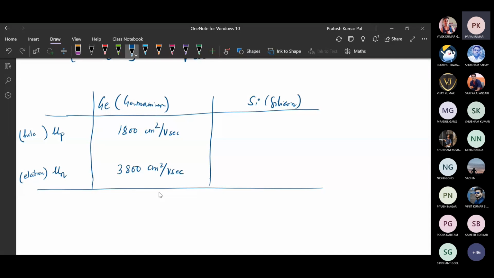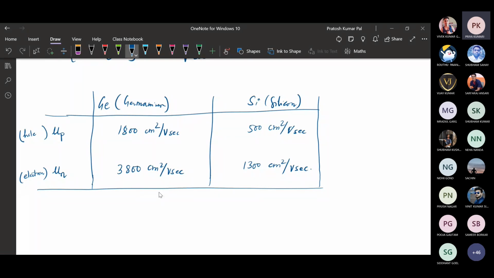Similarly, the mobility of electrons in germanium is 3800 centimeter square per volt second. The mobility of holes in silicon is 500 centimeter square per volt second, and the mobility of electrons in silicon is 1300 centimeter square per volt second.